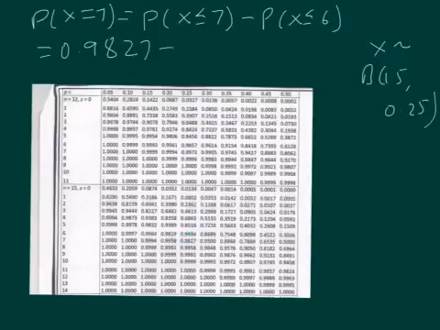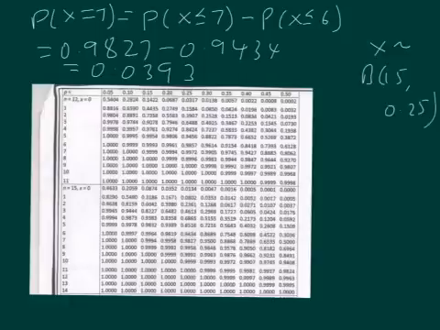So it's minus 0.9434, which is 0.0393, which is what we got before. Although personally I don't think this is the quickest way of doing it, some people prefer doing that. So when it's exactly equal to a number, you've got two possible ways of doing it, going back to the original way of working out binomial probabilities or using the tables.